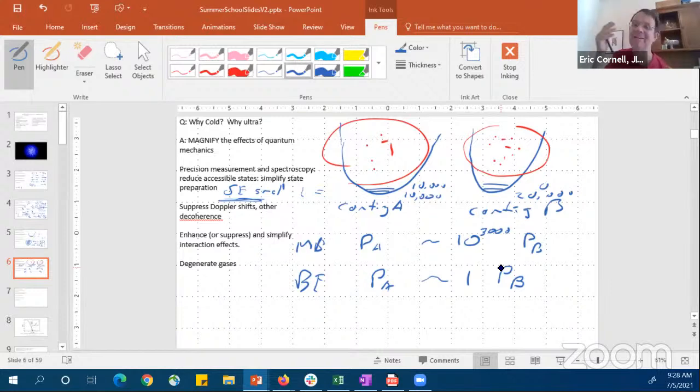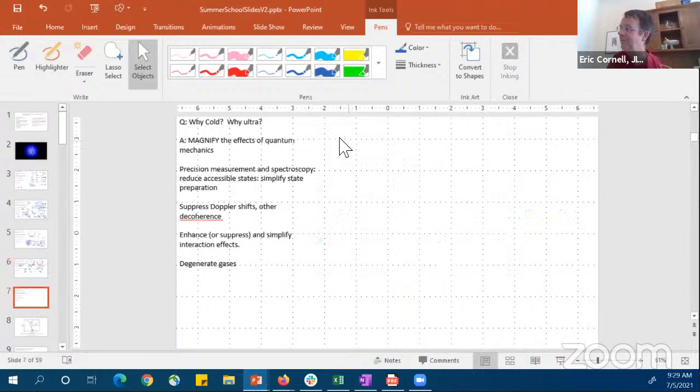These bosonic enhancement effects are often factors of 2, but they can also be factors of 10 to the 3,000, and it's what makes Bose-Einstein condensation happen. There's a real sense in which a Bose-Einstein condensate is a sort of temperature: it's like effectively turning up the temperature of your refrigerator.